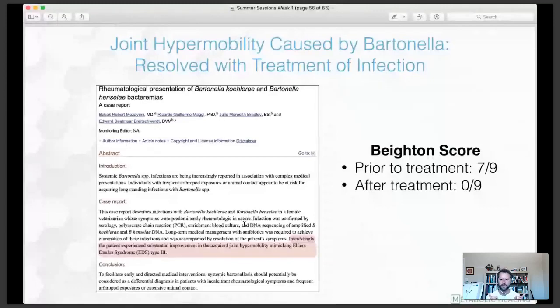She had a hypermobility score of 7 out of 9, and after the treatment with the antibiotics, 0 hypermobility. It went away. So Bartonella infects the connective tissue, causes breakdown of the ECM. I think it's a cell danger response happening in the fibroblast cells that produce the matrix. That's just my theory. Nobody's proven that yet.